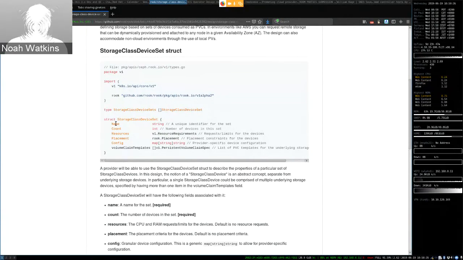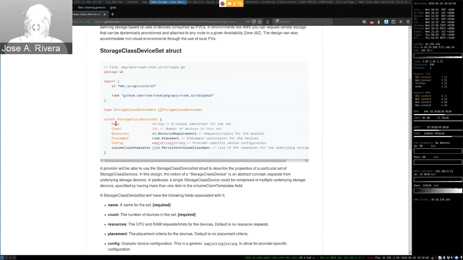Like you have a small instance in EC2, it won't support a certain type of EBS volume? If you have an instance that is too small to handle the resource requests for a given device in a device set, that OSD pod and PVC will not be scheduled on that node.